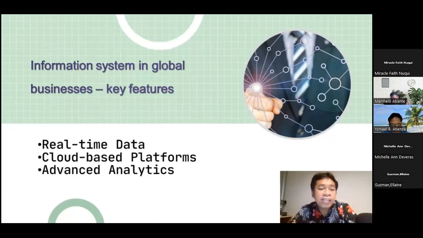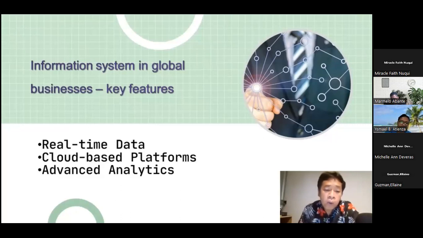Real-time data means that companies can access the latest information from anywhere in the world at any time. Cloud-based platforms allow companies to store and access data securely and remotely, while advanced analytics enables them to make data-driven decisions and gain competitive advantages.